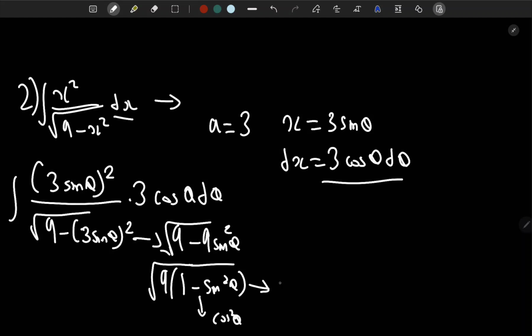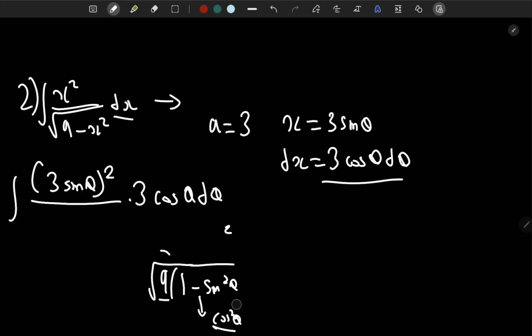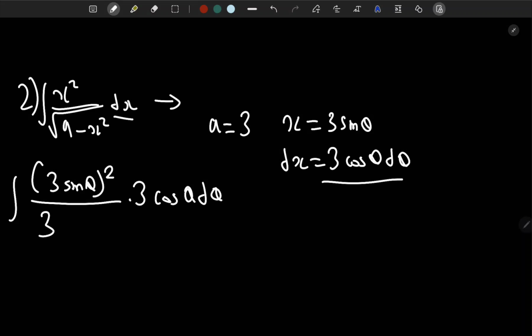This simplifies to 3 cosine delta, since the square root of 9 is 3, and the square root of cosine squared delta is cosine delta. So we can replace this entire thing with 3 cosine delta, since we just simplified that.